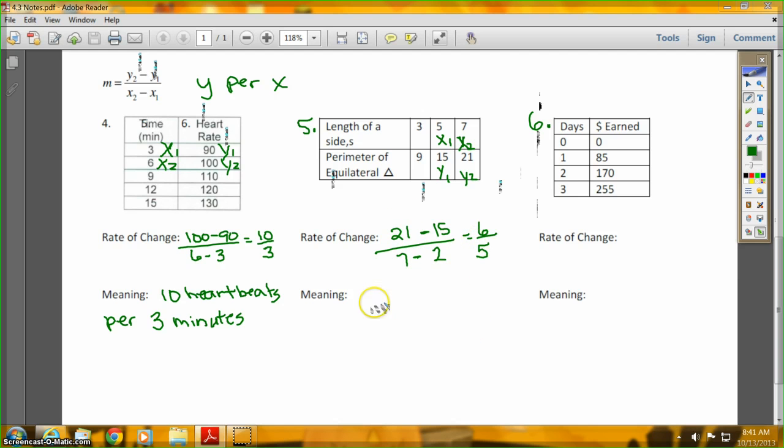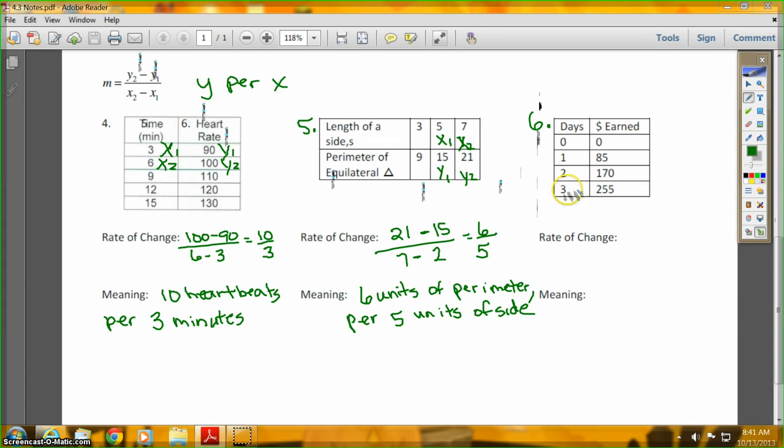I'm going to leave it as an improper fraction, and I'm going to have 6 units of perimeter per 5 units of side. Six units of perimeter per 5 units of side.